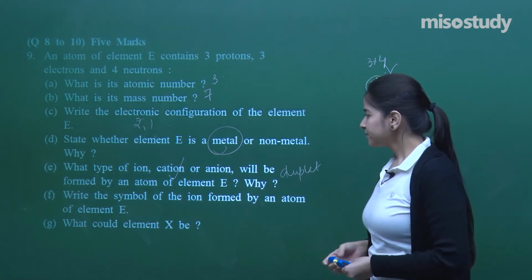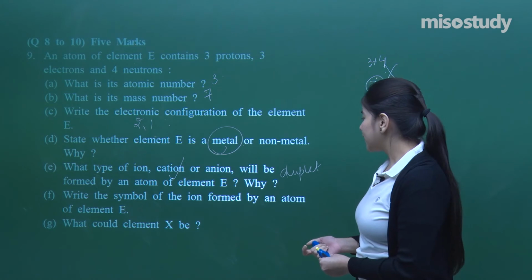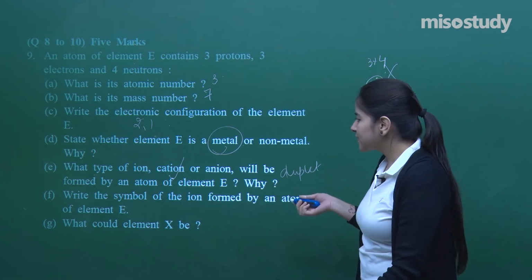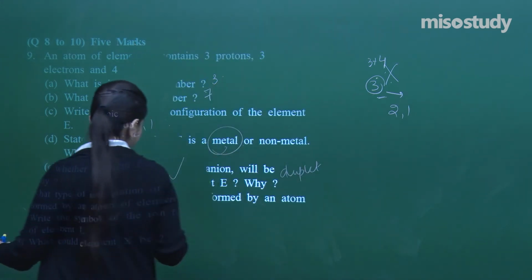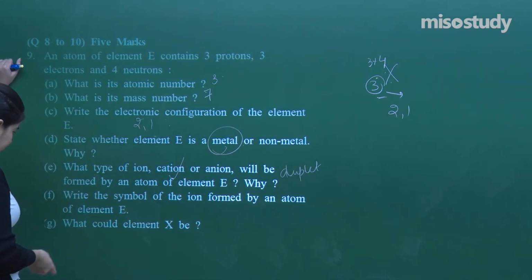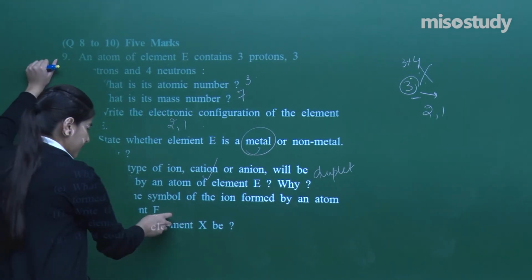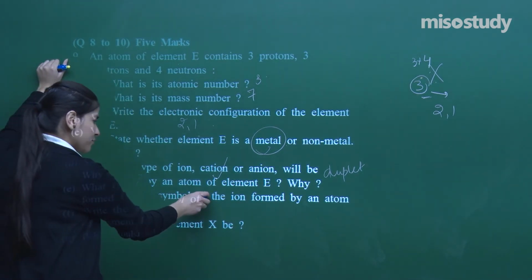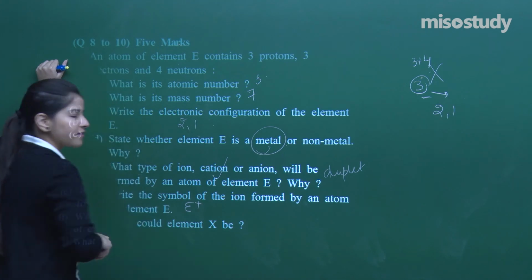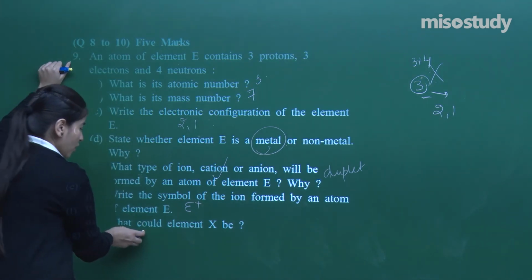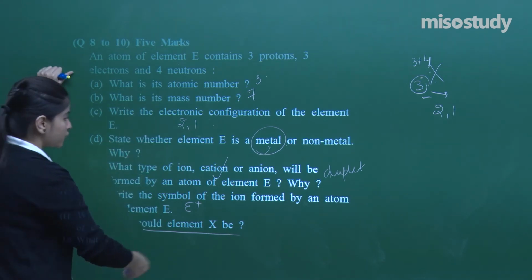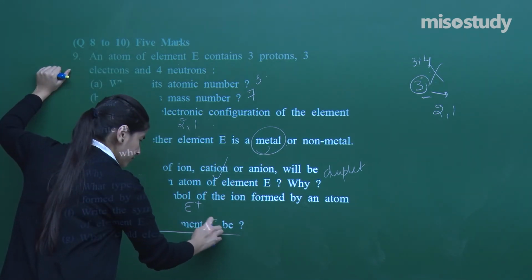Cool. Write the symbol of the ion formed by an atom of element E. So what is the symbol of the ion formed? I just need to write E, the symbol of the ion formed, E+1. Fine, this is the symbol. What could be the element? Here they are asking about E only.